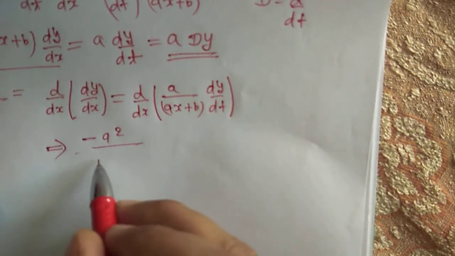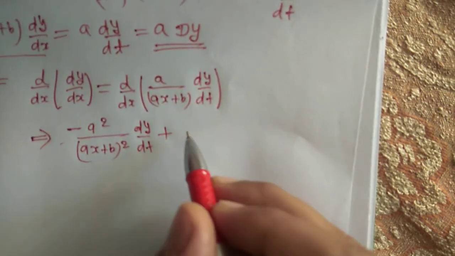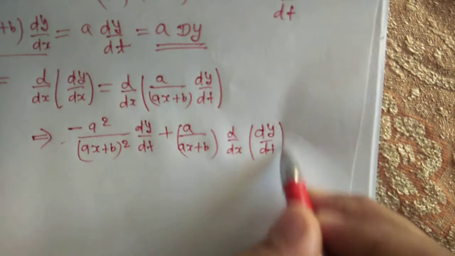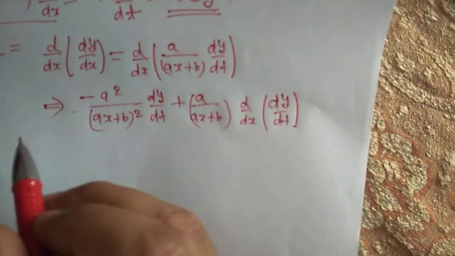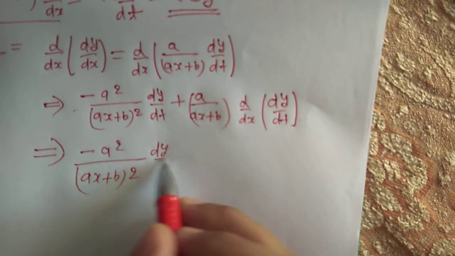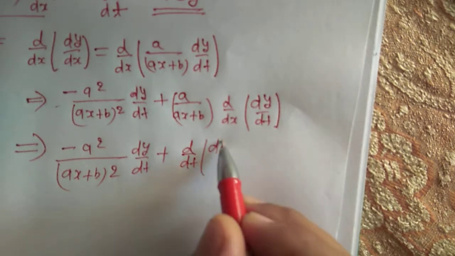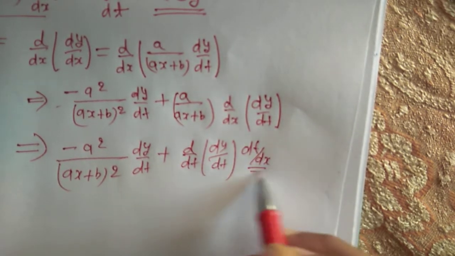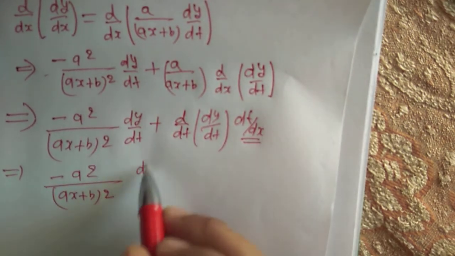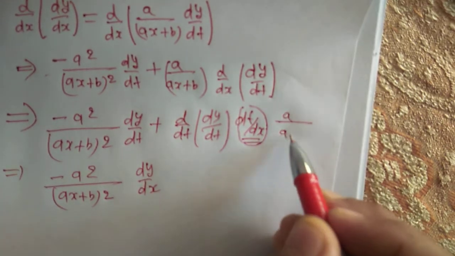It will be minus a square by ax plus b whole square dy by dt, plus a upon ax plus b times d by dx of dy by dt. And d by dx of dy by dt will be d by dt of dy by dt times dt by dx, where dt by dx we already have as a upon ax plus b.